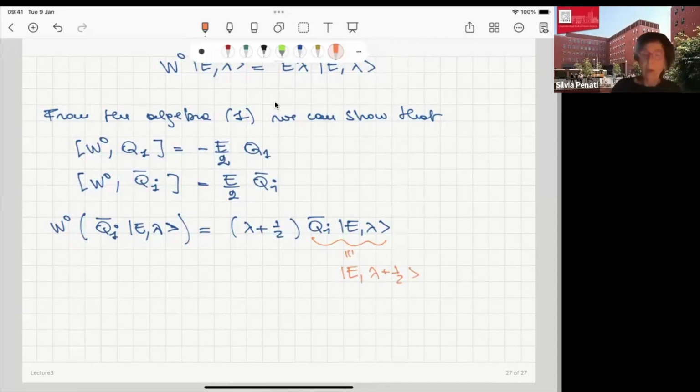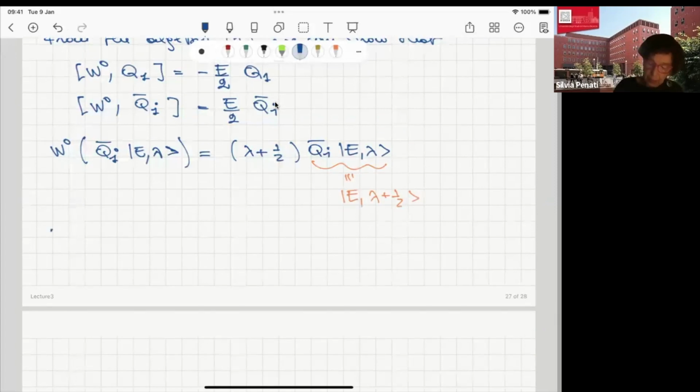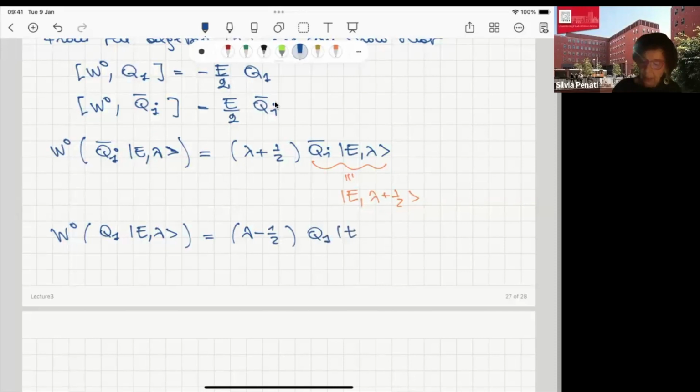Therefore, the interpretation of Q bar 1 dot as a raising lambda operator is correct. And similarly, you can do this as an exercise to check these identities. If you apply W0 to Q1 E lambda, you will end up with lambda minus 1/2 times Q1 E lambda, and therefore this is what I would identify with the state E lambda minus 1/2. Okay, and therefore the statement that Q1 is a lowering operator is correct.